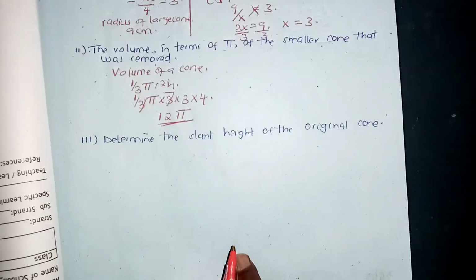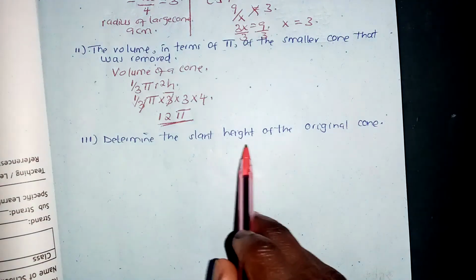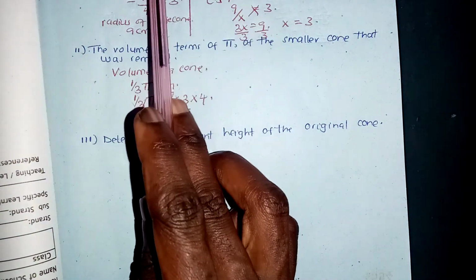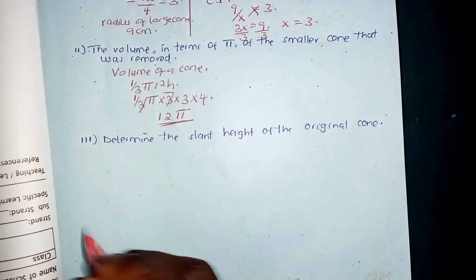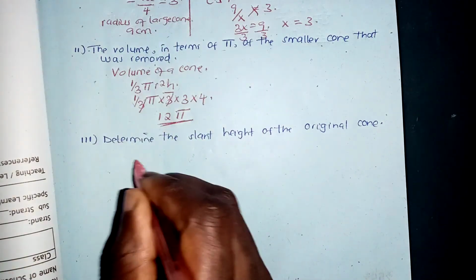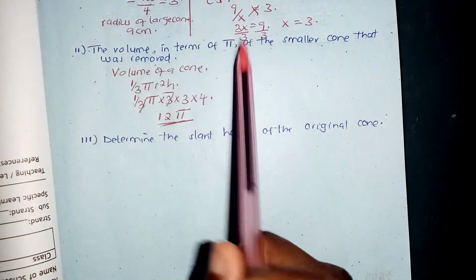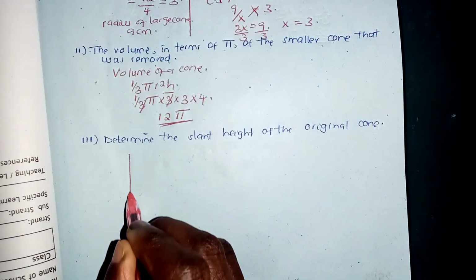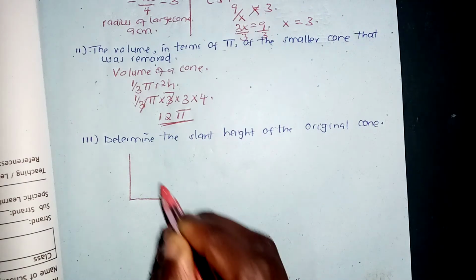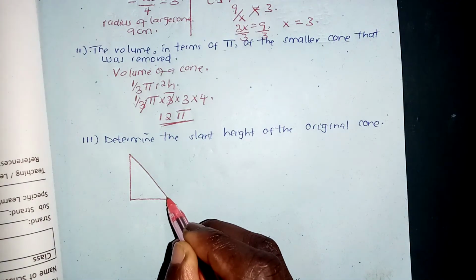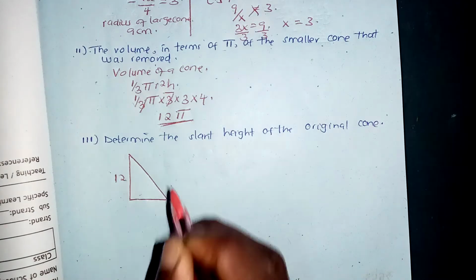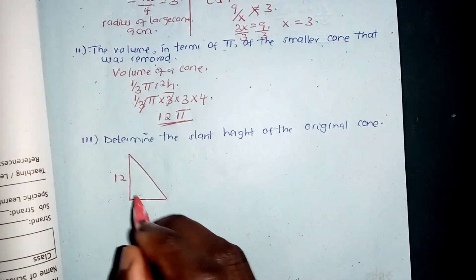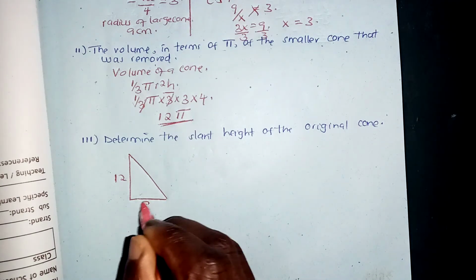Then (iii), determine the slant height of the original cone. So for the slant height of the larger cone, we can extract a right angle triangle whereby we have the height as 12, then the radius as 9.